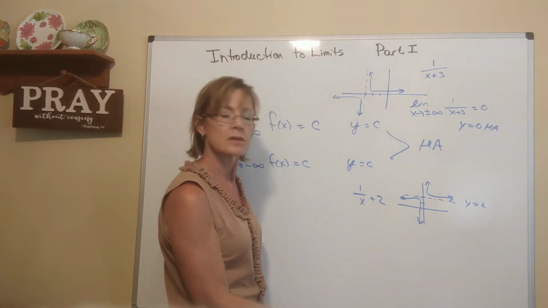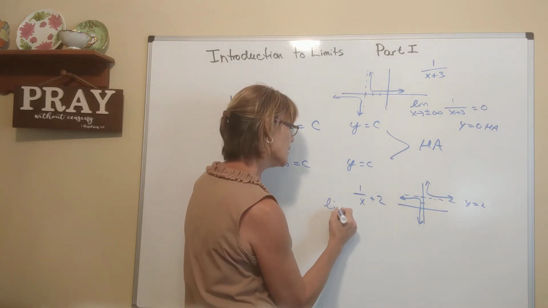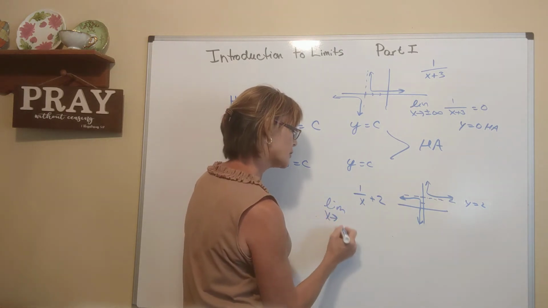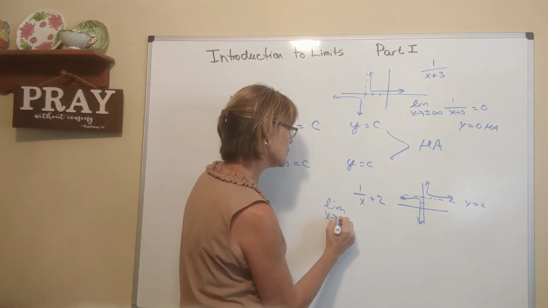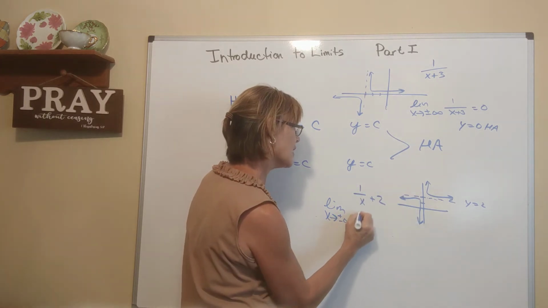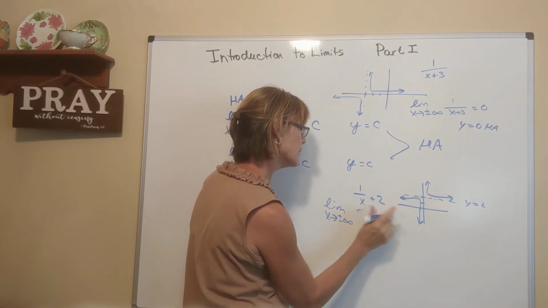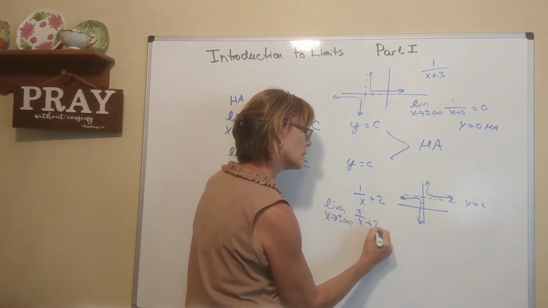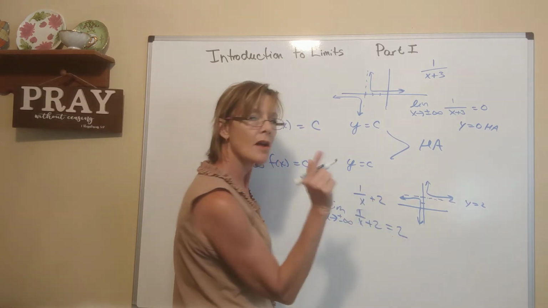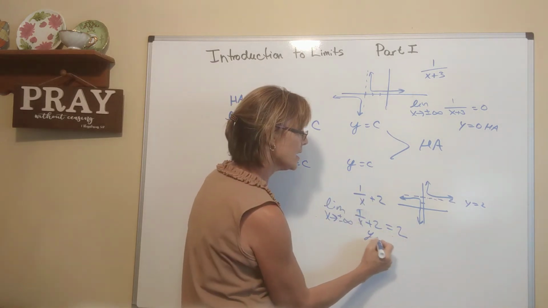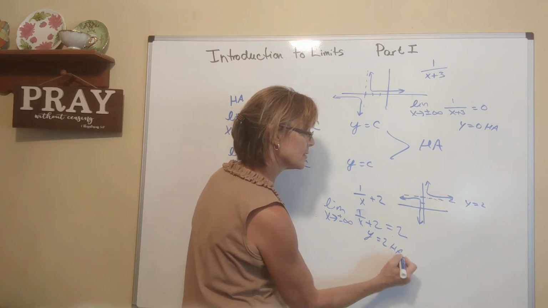That's what it's getting close to. So we would say the limit as x approaches plus or minus infinity of 1 over x plus 2 equals the value 2. This statement right here is also saying that y equals 2 is a horizontal asymptote.